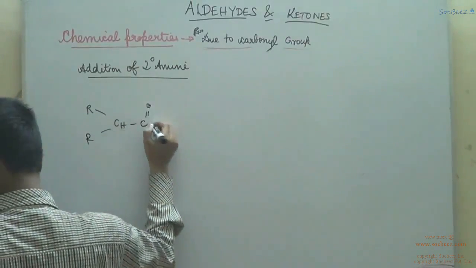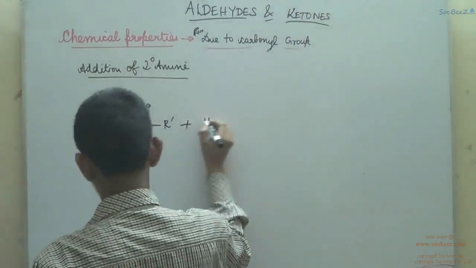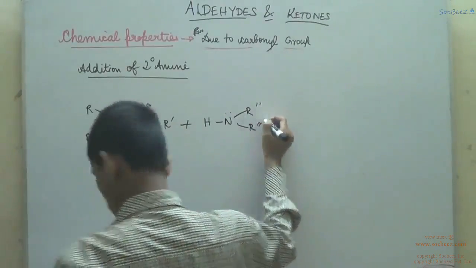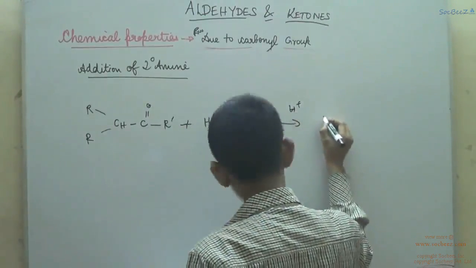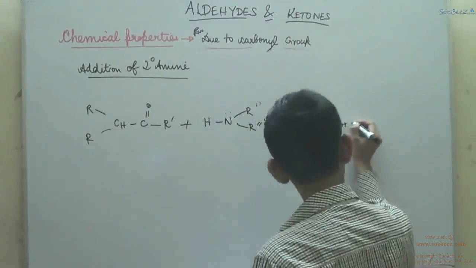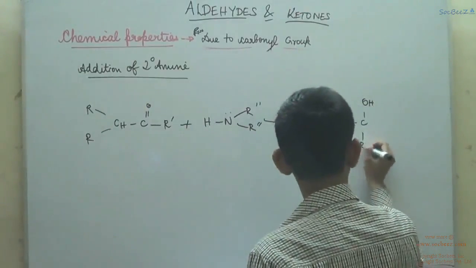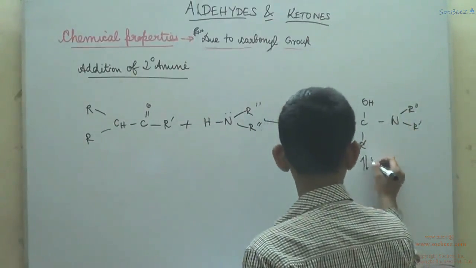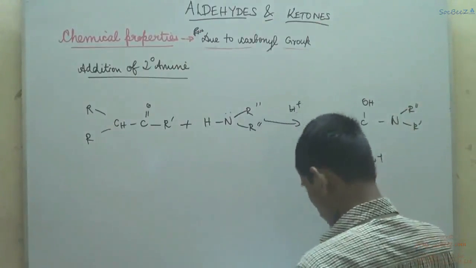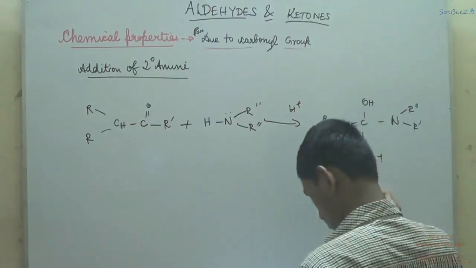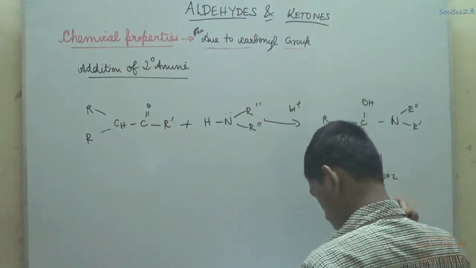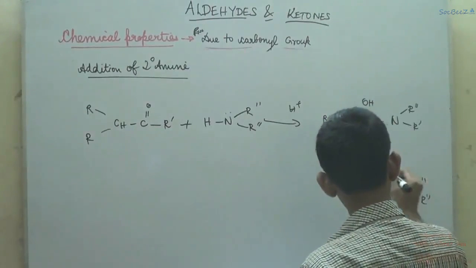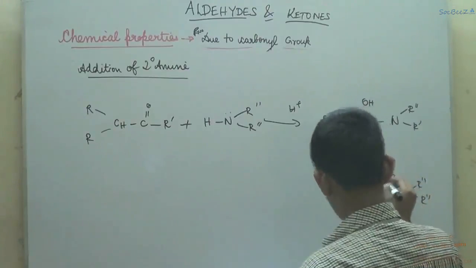CH, C double bond O, R prime, plus, if you treat with a secondary amine, this is your secondary amine, with 2 R groups, H plus, reversible, R, CH, C, OH, R prime, N, R double prime, again reversible, okay, this goes here with removal of a water molecule.